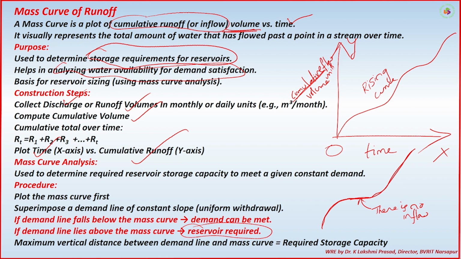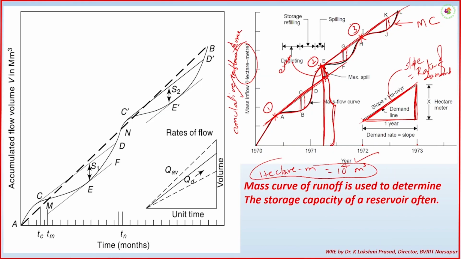So depending on whether the demand line is below or above the mass curve, we need to follow it. Here the demand line is above the mass curve, so a reservoir is required, storage is required. Here the demand line is below the mass curve, so you don't require any storage at that point. So this is finally how to draw a mass curve and how to find the storage capacity of a reservoir.